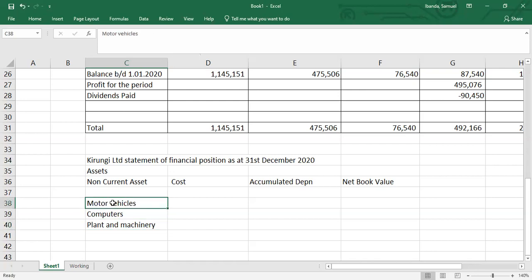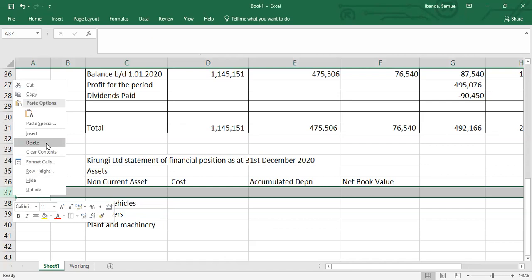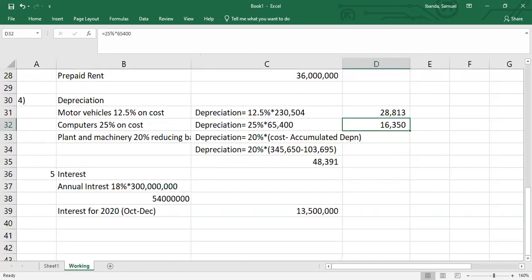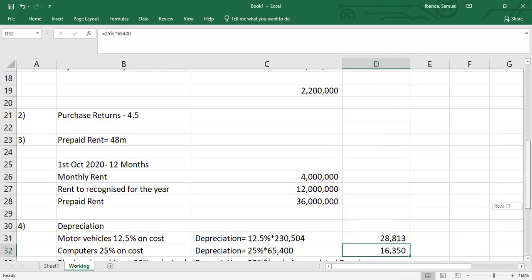Those are the three assets that I have. I remember also seeing land, so land will also come in here as well. Okay, so I'll pick their costs. I already have their costs from my calculations right here.